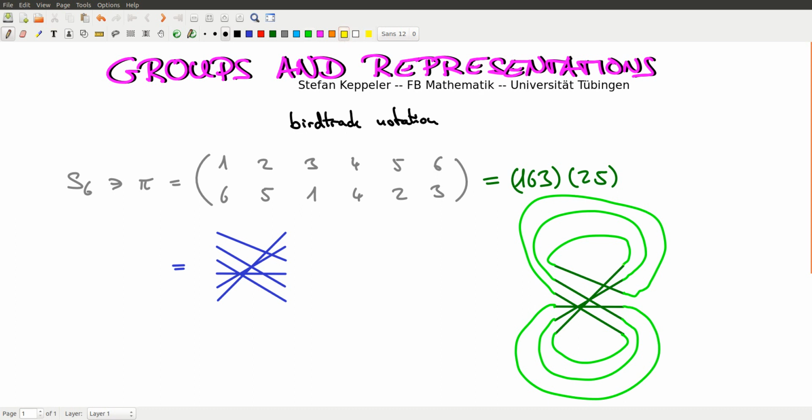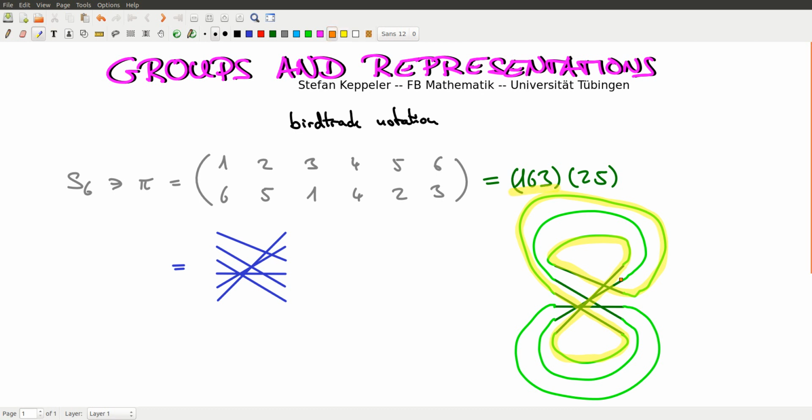So if we start with 1, that would be here. We just follow this line. So we get this long loop here, which goes through the center 3 times, and that's this 3 cycle here.